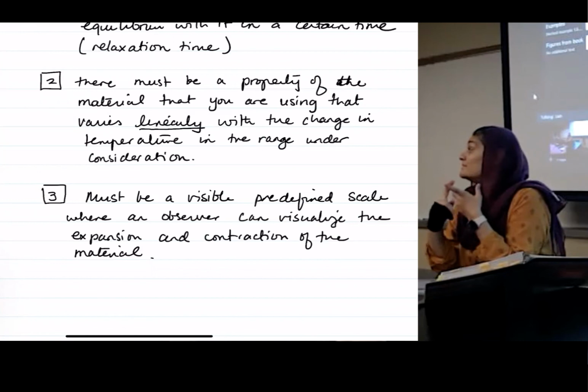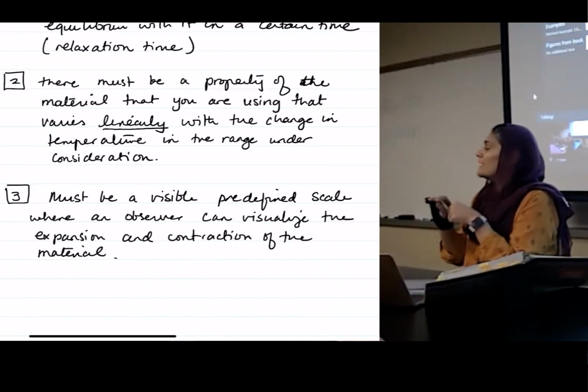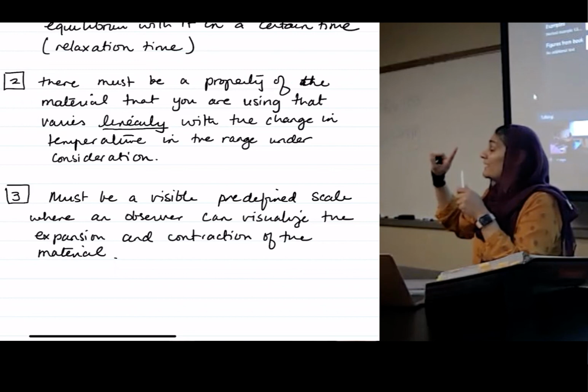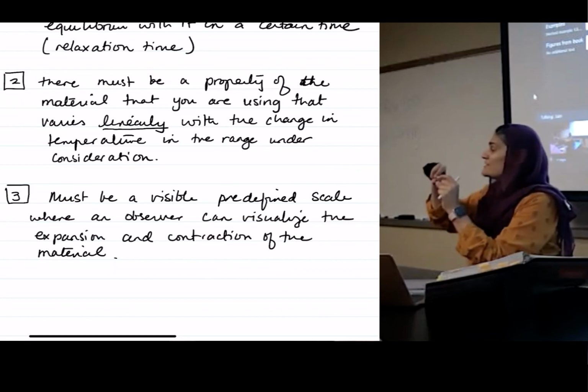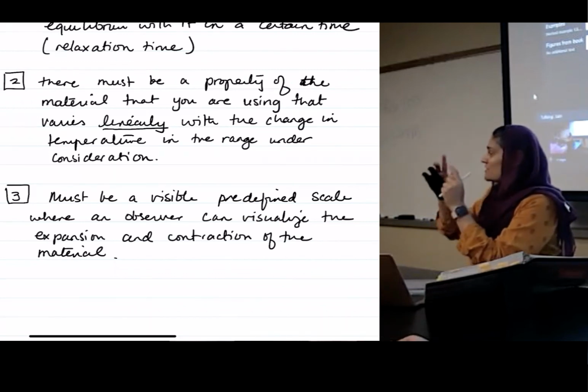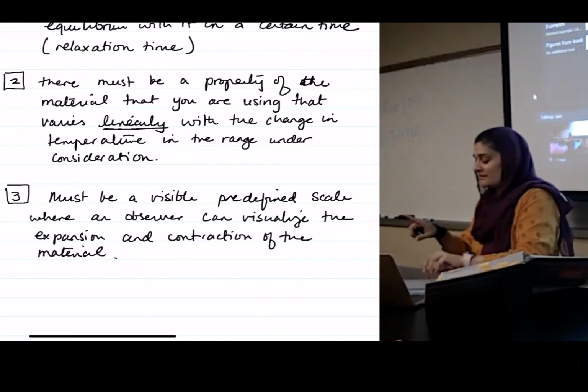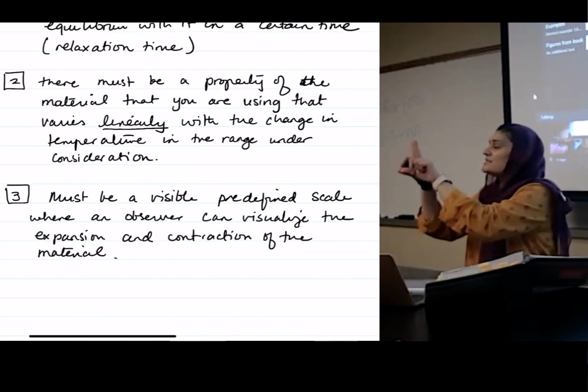We can use solids. Do you guys know how your thermal ACs and heaters work? Not quite. What they do is they have little tiny strips divided into 2. This one has a different expansion coefficient and this one has a different expansion coefficient, and they're stuck together.